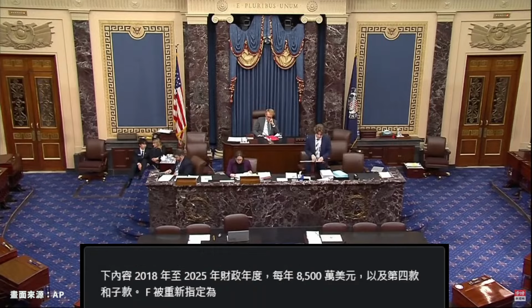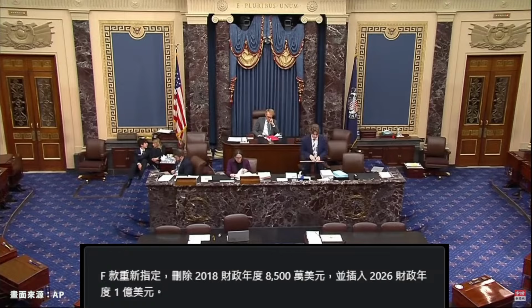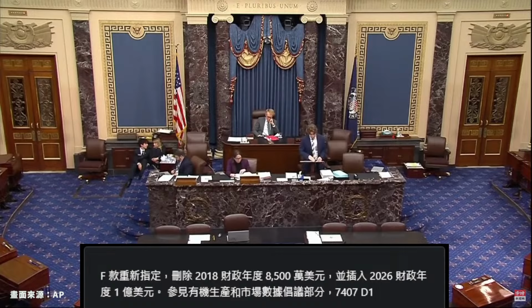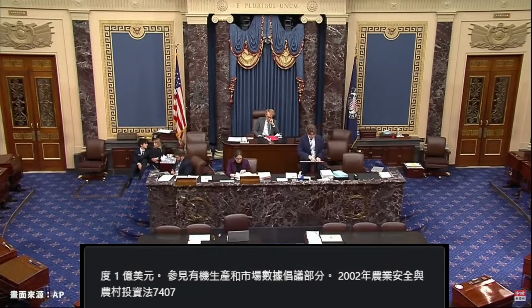(C) Organic Production and Market Data Initiative. Section 7407(d)(1) of the Farm Security and Rural Investment Act of 2002, 7 U.S.C. 5925c(d)(1), is amended (1) in subparagraph (B), by striking "and" at the end, (2) in subparagraph (C), by striking the period at the end and inserting "; and," and (3) by adding at the end the following: (D) $10 million for the period of fiscal years 2026 through 2031.